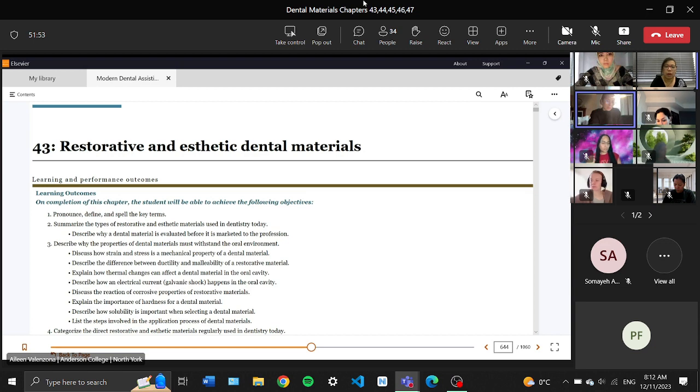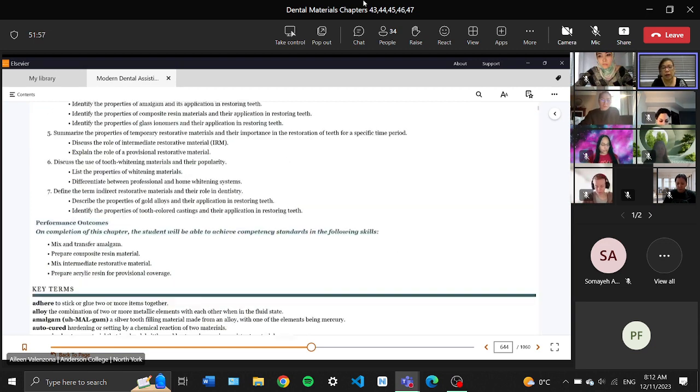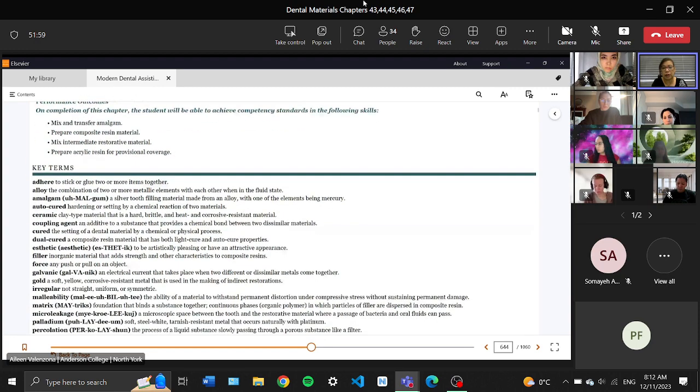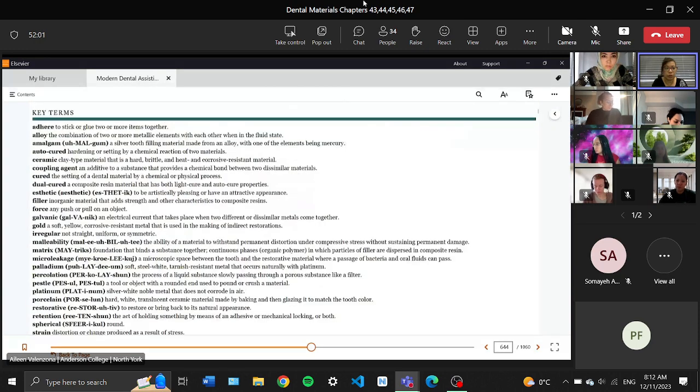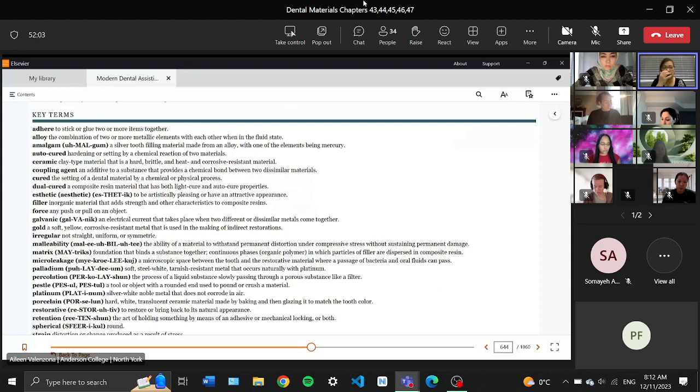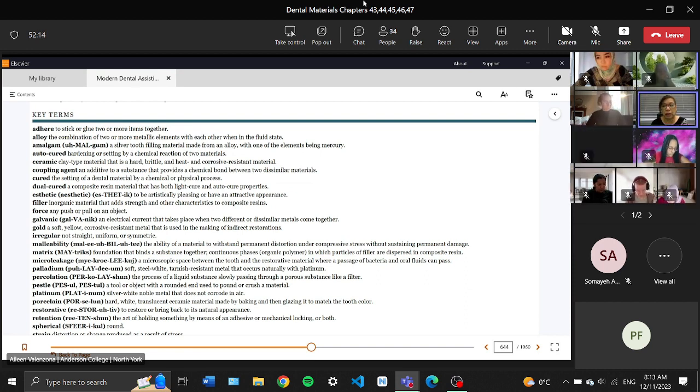Again, as we always do, we have to read and understand the key terms. There's a lot of key terms, but we will do this. Adhere, meaning to stick or glue two or more items together, meaning we want them to hold. Okay, alloy. We are introducing a lot of dental terminologies, so we have to understand this one.